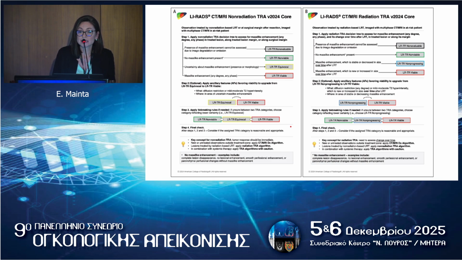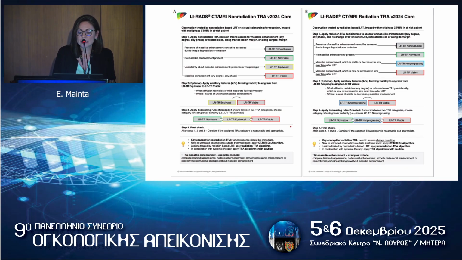And it was decided to keep the equivocal category, and optionally one can use ancillary features like the restricted diffusion or the mild or moderate T2 hyperintensity to upgrade from an equivocal to a viable lesion.